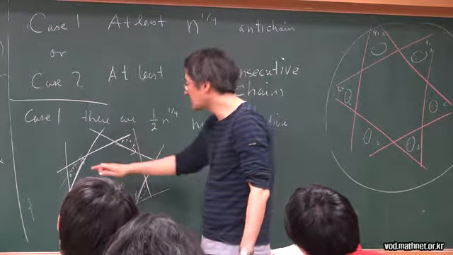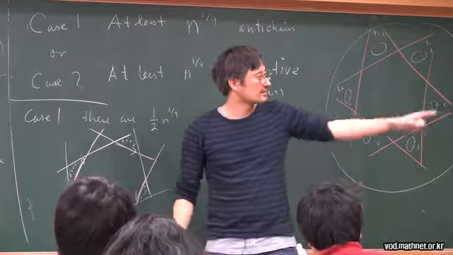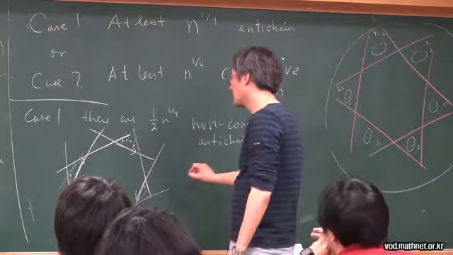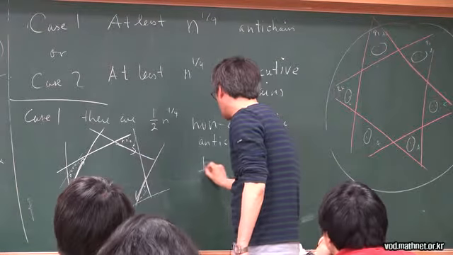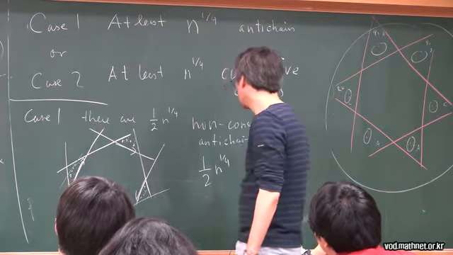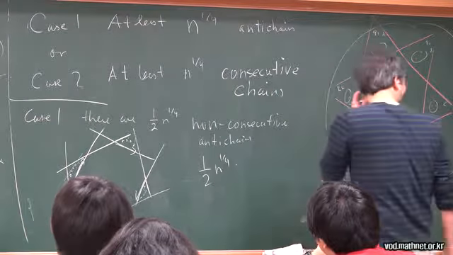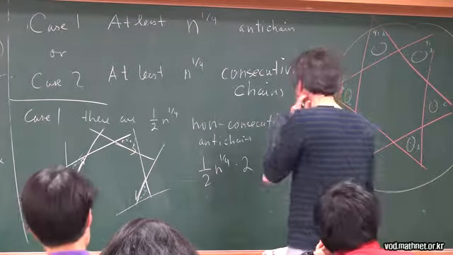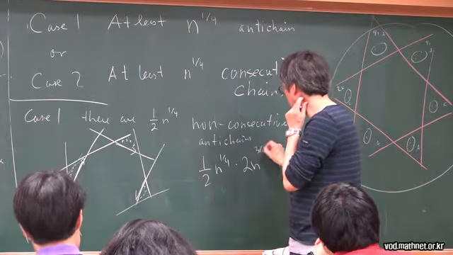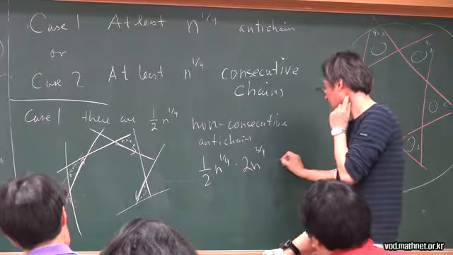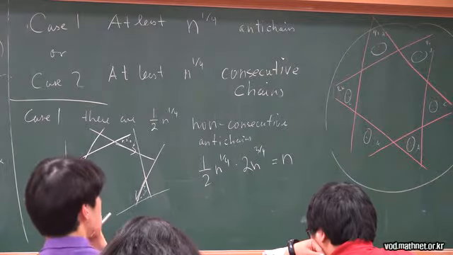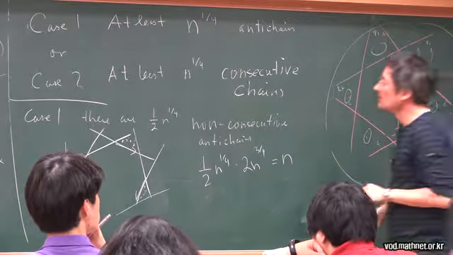So let's assume each has at least that long a cap. How many of these are there? There's 1/2 n to the 1/4, and each has a cap of length 2n to the 3/4 minus 4. So you can glue them together and you get n points in convex position. So that's case 1.